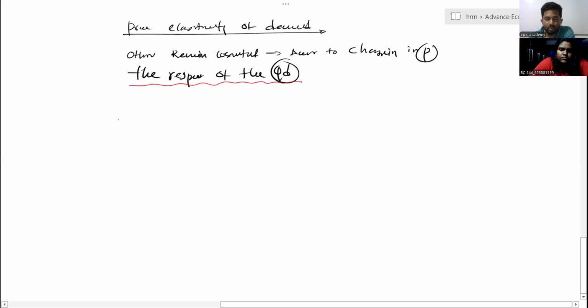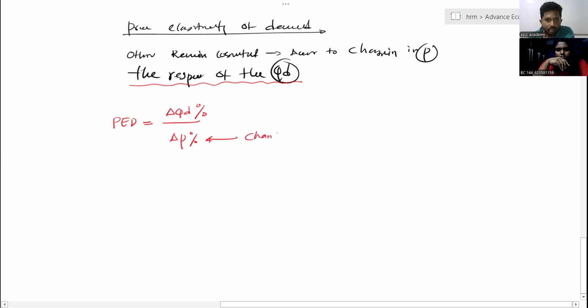Now, before that, we have to identify how we can calculate the elasticity. We call it PED. PED means price elasticity of demand. Now you can see P is the independent variable.